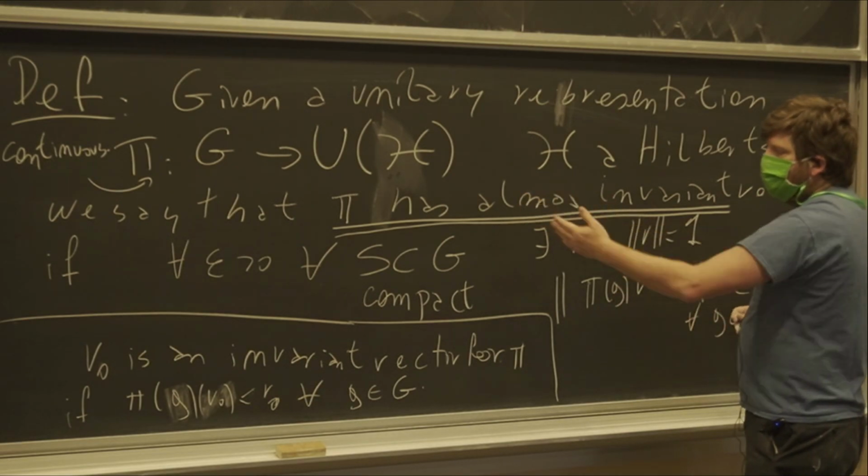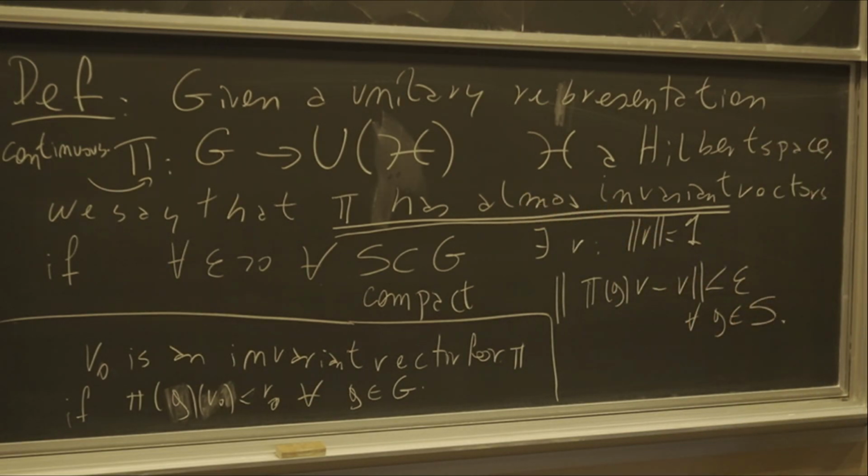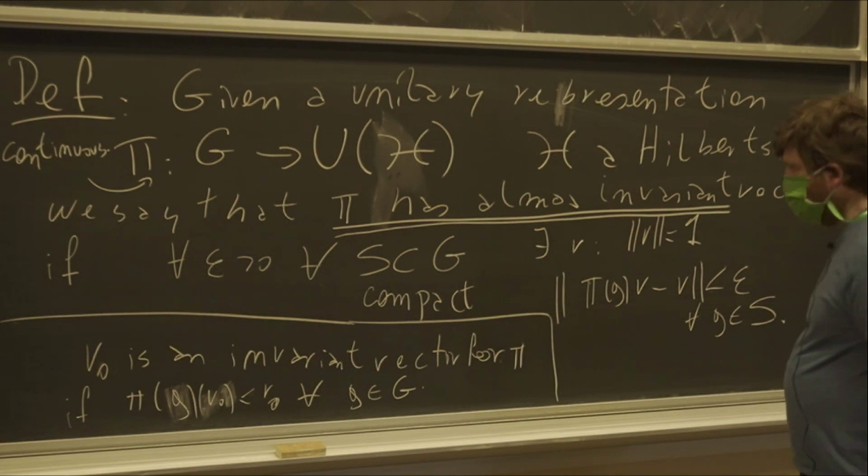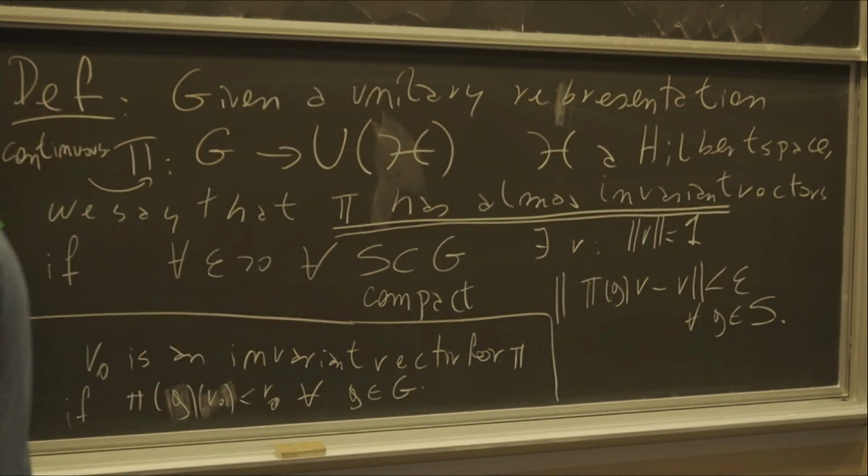Then if I take any other S, by just playing a little bit, I will be able to find also the v. So that's one definition. It's an important definition.